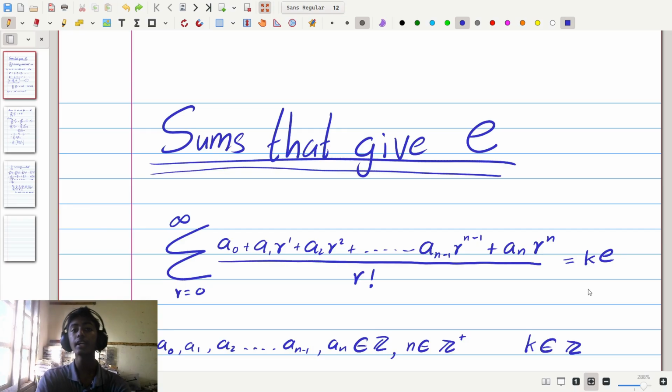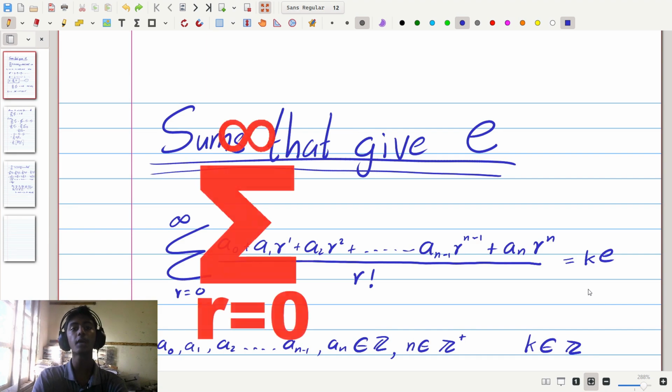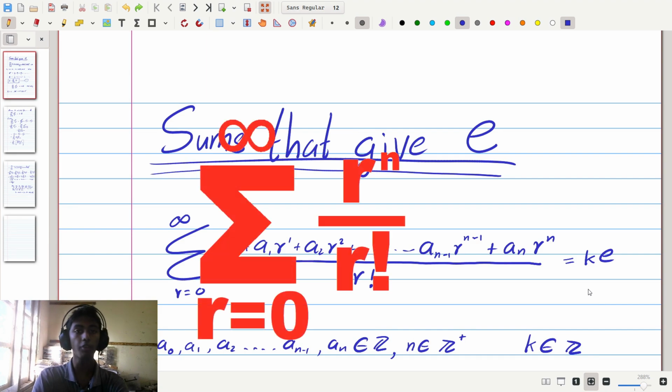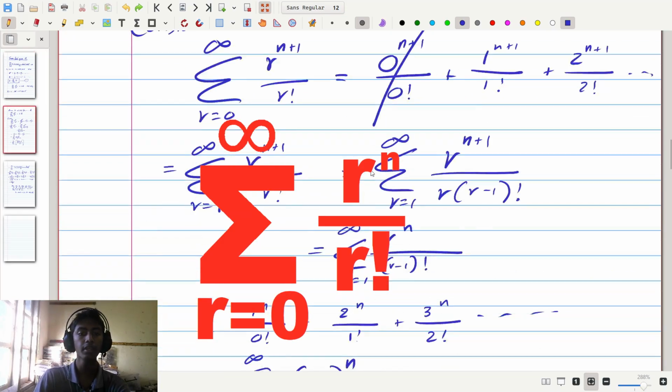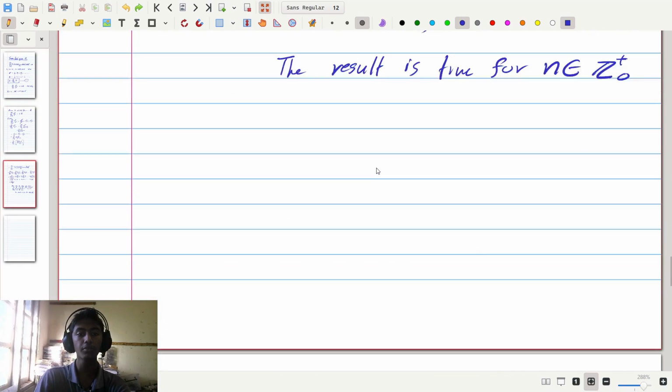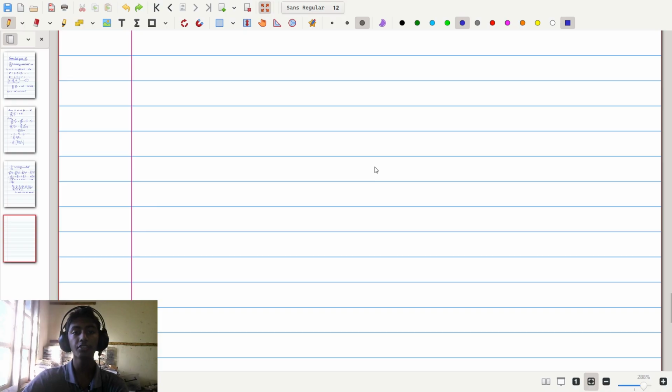Now let's take a look at the actual coefficients of e that we get when we take the sums from r equals 0 up to infinity of terms of the form r to the power of n divided by r factorial. For the first term, we can consider the sum from r equals 0 up to infinity of r to the power of 0, or 1, divided by r factorial. This is just e.